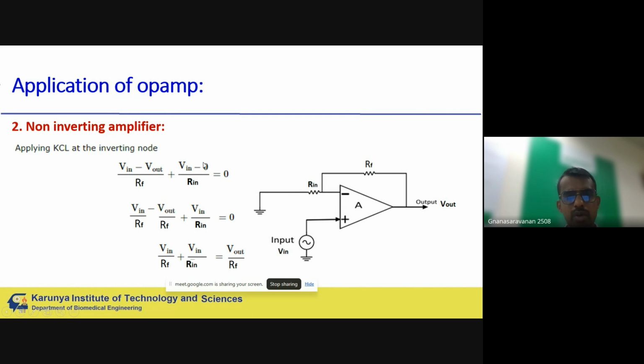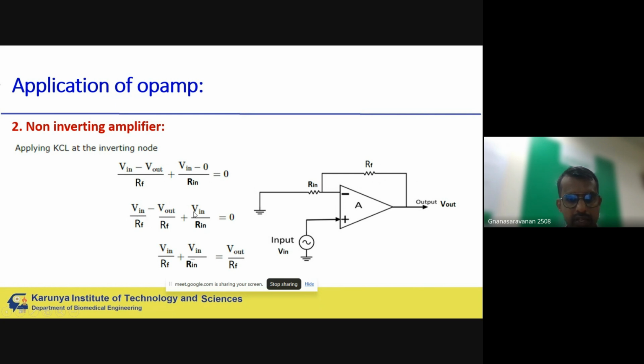Now what do we do? We drop the 0 and write an expression. Rf in the denominator is common to Vin and Vout, so we separately write two terms: Vin divided by Rf minus Vout divided by Rf plus Vin divided by Rin. Next, we keep the Vin terms on one side and the Vout terms on the other side, and rearrange so that Vout divided by Vin comes.